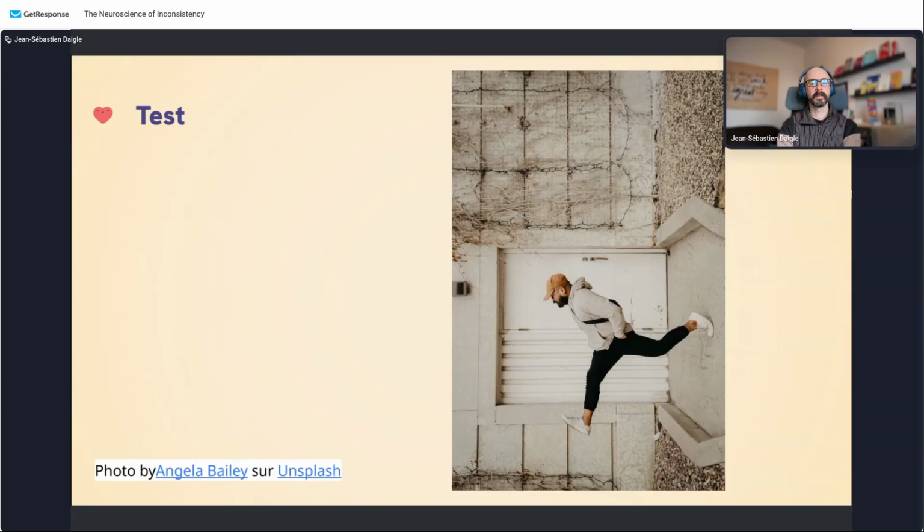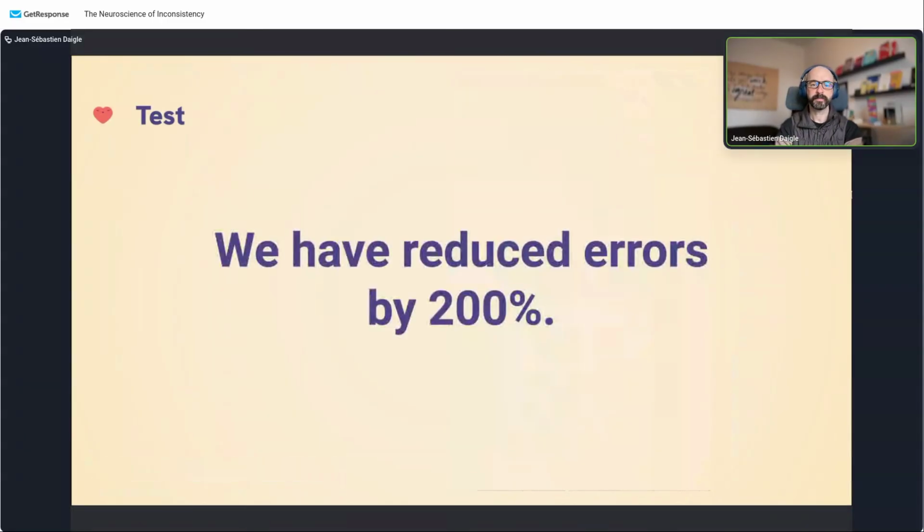There's something quite wrong with this picture, and we can figure it out quite easily. Now let's tackle this sentence. We've reduced the error by 200%, which is not mathematically accurate. You cannot actually reduce mistakes by 200%. It does not work this way.